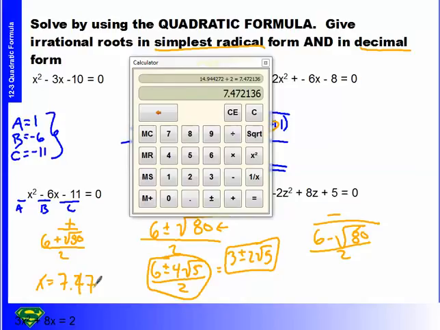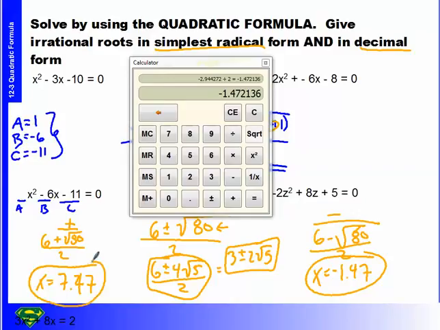Over on this side of the aisle, we have the square root of 80 again, and it's a negative in this case. I'm going to add to it 6, and so divided by 2. And so over here, x is equal to negative 1.47. So there are my two possible answers.